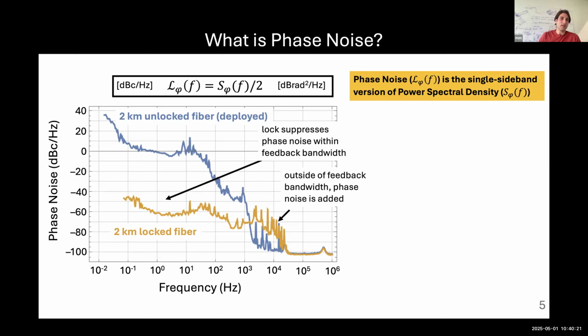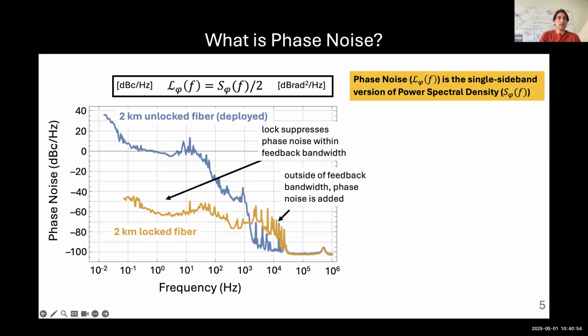So when I say phase noise, I'm talking about this quantity here, dBc per hertz. And really all this is saying is, if I take a power spectral density of the phase, what are the strengths of the frequency sidebands relative to the carrier strength?